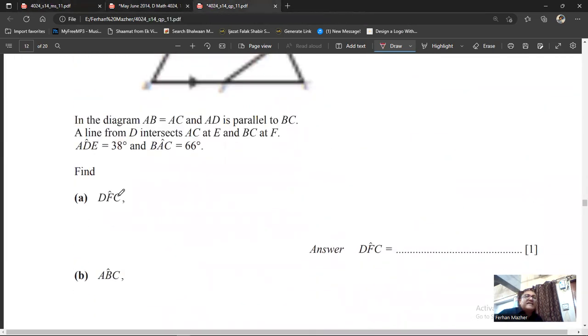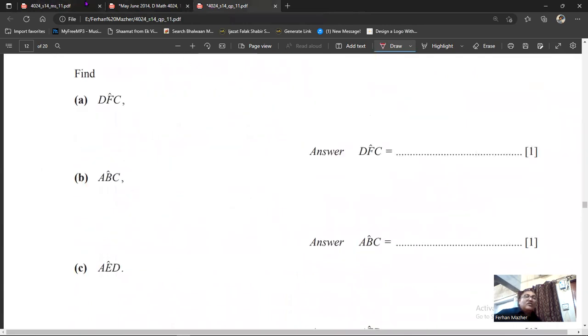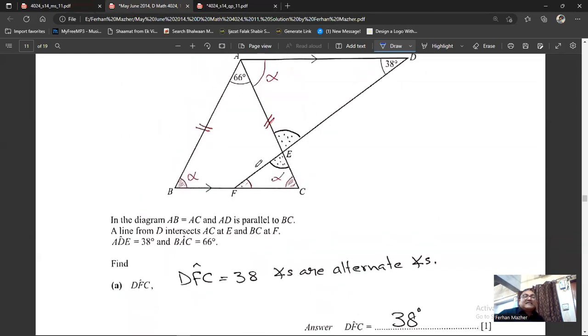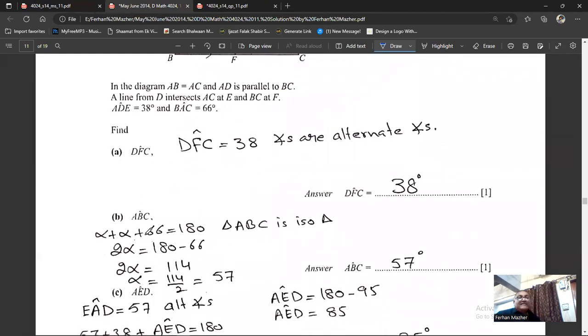Then their question is, what is ABC? They are basically asking you to find out this angle. So very simple, I can find that. Suppose this is alpha, this is also alpha, this is 66, and triangle ABC is an isosceles triangle. So alpha plus alpha plus 66 equals 180.